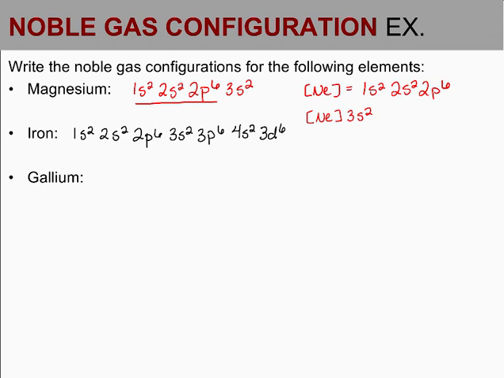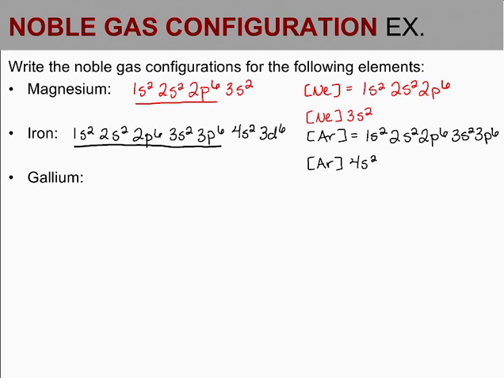If we go up one row and over to the noble gases, we have argon. Argon's electron configuration, we said, was 1s2, 2s2, 2p6, 3s2, 3p6. So now we can replace the majority of iron's electron configuration with the noble gas. We'll put argon in brackets, followed by what's left over, which is 4s2, 3d6.